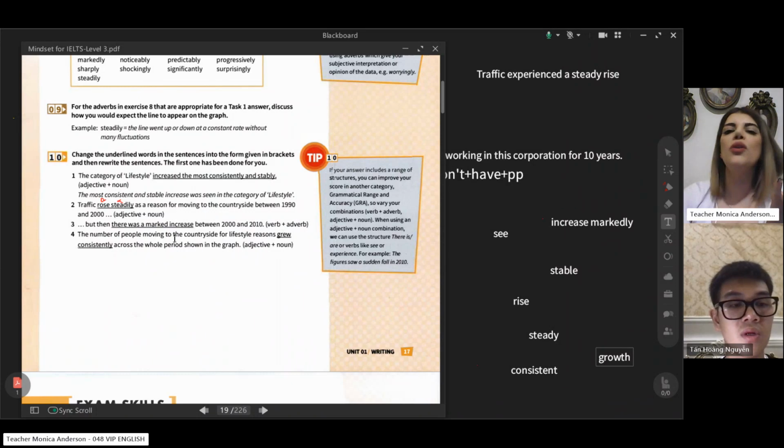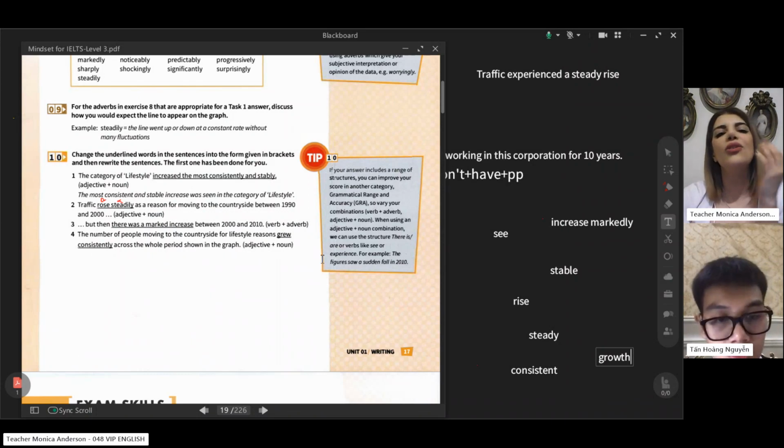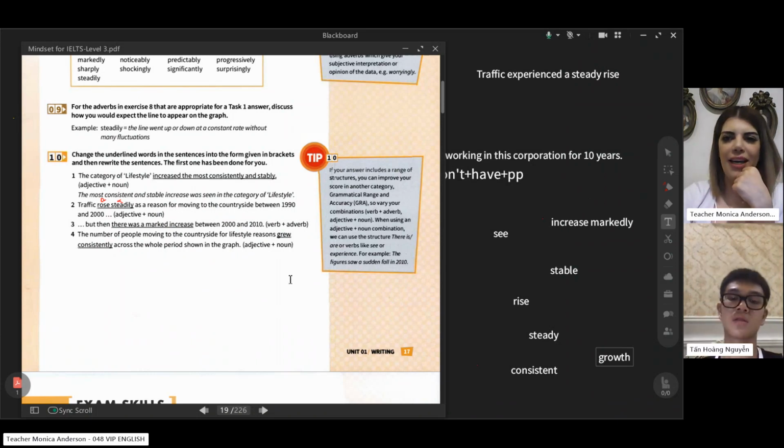Or now you can use the verb see: the number of people moving to the countryside for lifestyle reasons saw a consistent growth. Now here you can use saw. Okay, wow.